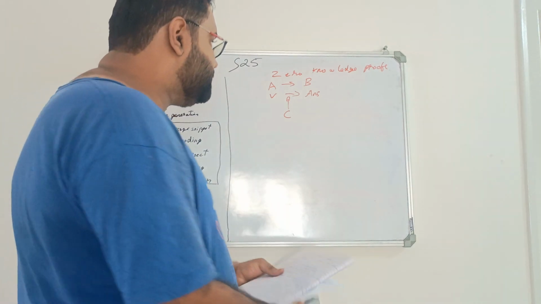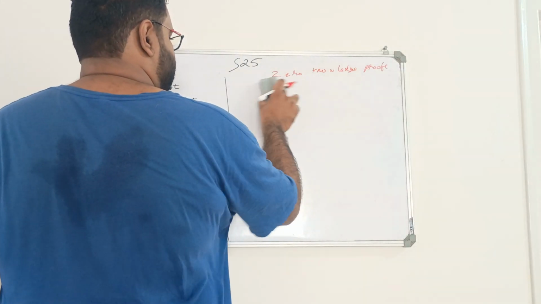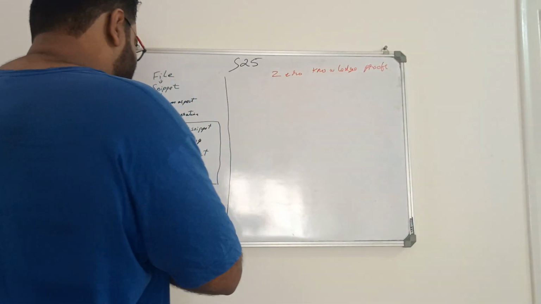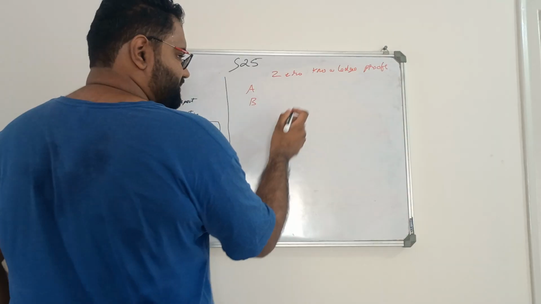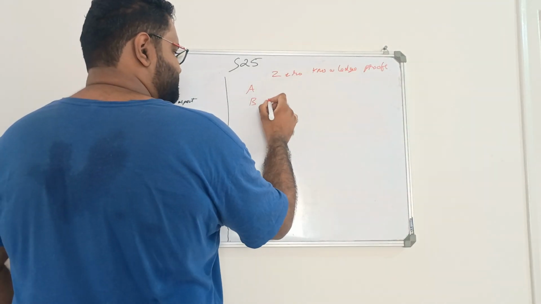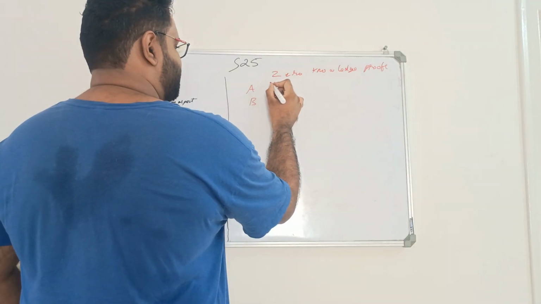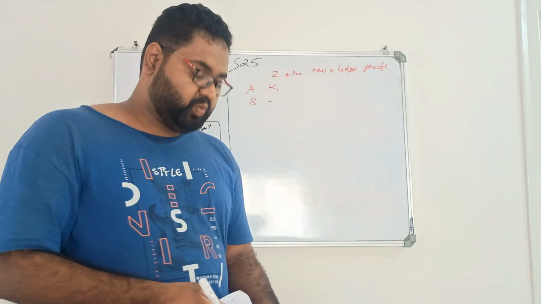So, what does that look like in terms of S25? The original idea was that A and B are speaking. A goes first, let's just put a dash here. He says some statement, let's say K1. This could be any sort of statement.